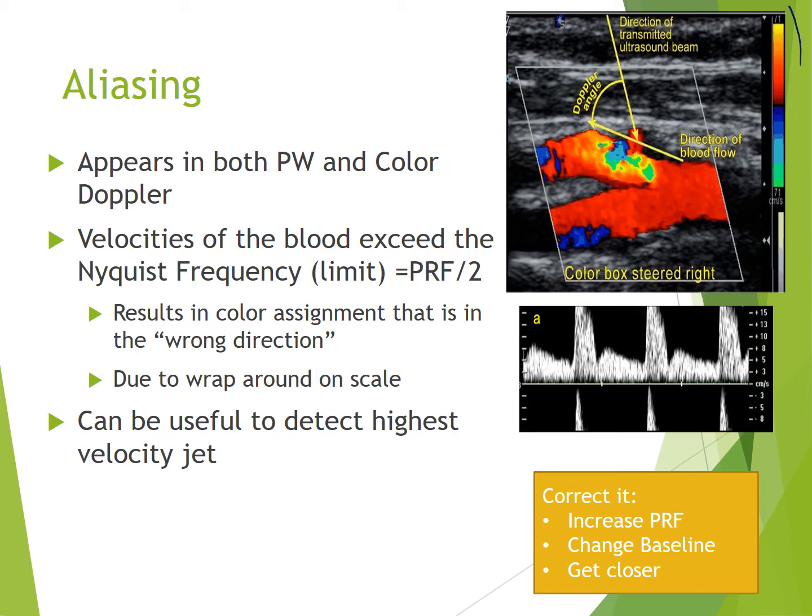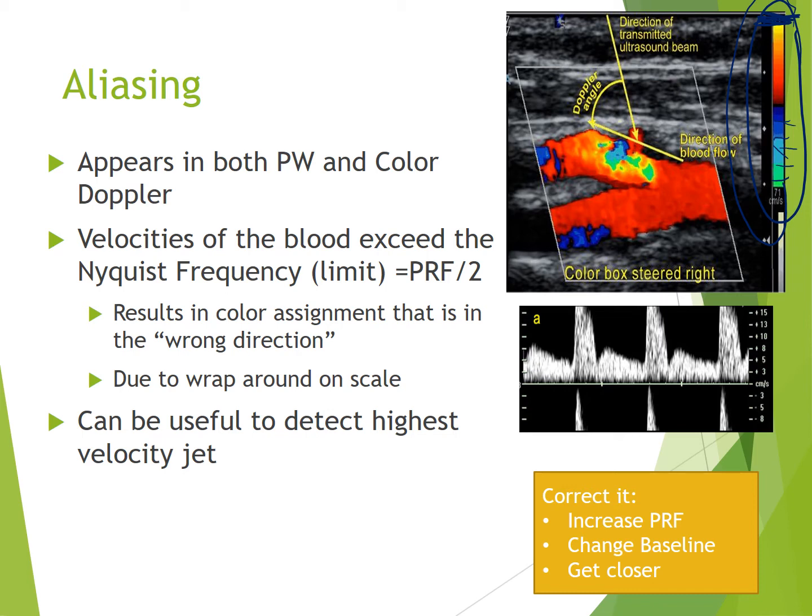Over here on the side, we have our color map. We're telling the machine that this velocity is our speed limit. If a velocity is traveling faster than this, then it's going to wrap around and start to be displayed as one of these negative velocities below it.